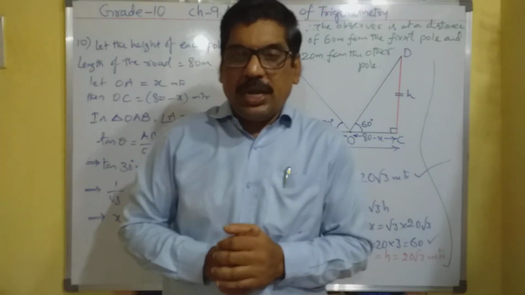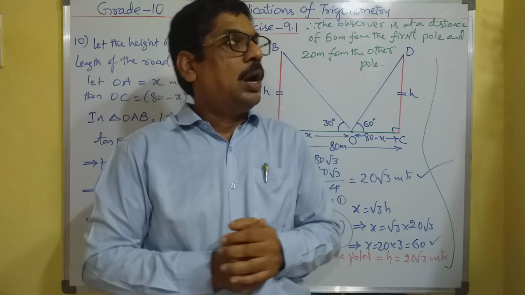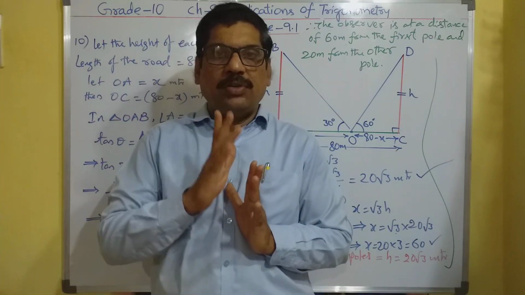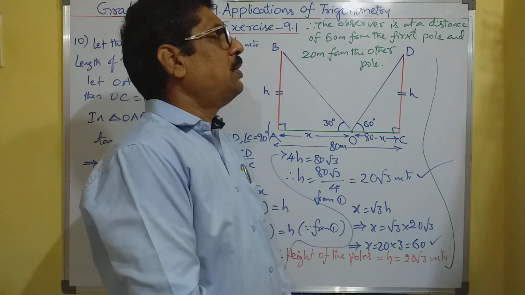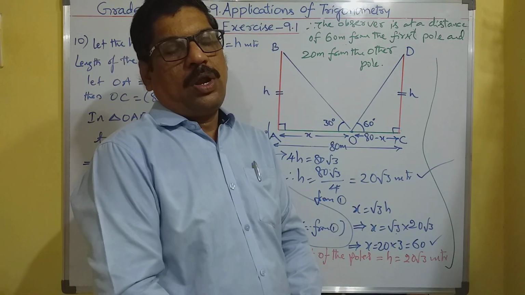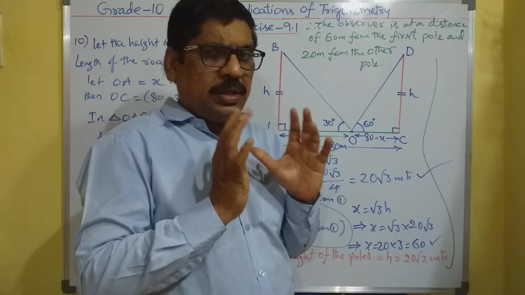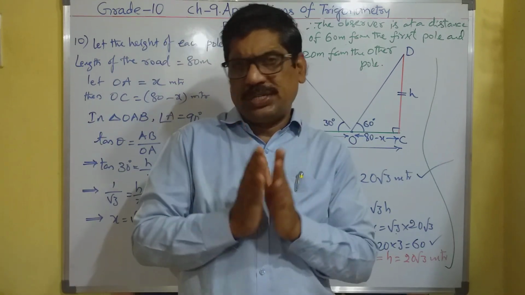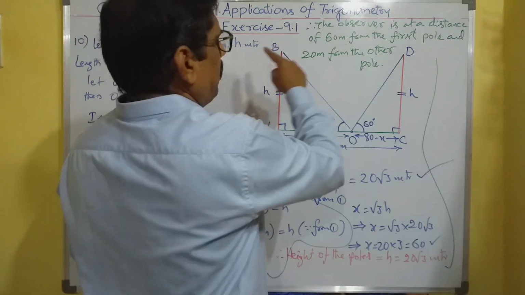An observer standing in between them at a point is observing the two poles at different angles: he is looking at the first pole with a 30 degrees angle and the second pole with a 60 degrees angle. Now we need to find the heights of the poles as well as the position of the observer where he stands. Okay, so we have taken the diagram like this.